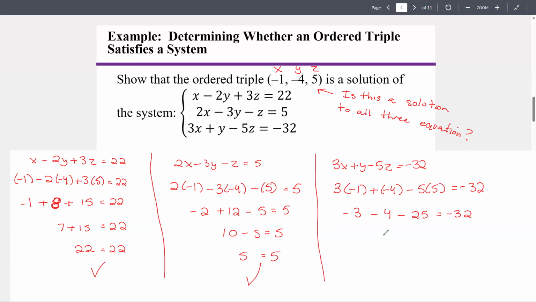So that is going to be minus 7 minus 25 equals minus 32, which is negative 32 equals negative 32. So it is a solution. So it's a solution to all equations, therefore a solution to the system.